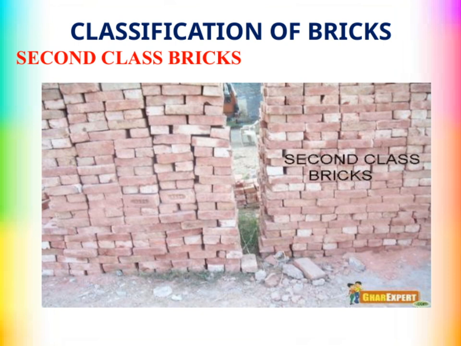Key points to remember here are the quality parameters like strength, durability, and surface finish, which are slightly lower than those of first-class bricks, but still reliable for many applications. Understanding these classifications helps us select the right type of brick for the right job, ensuring both cost efficiency and structural integrity. This classification ties into the overall theme of building durable and economical structures by choosing appropriate materials based on their properties.